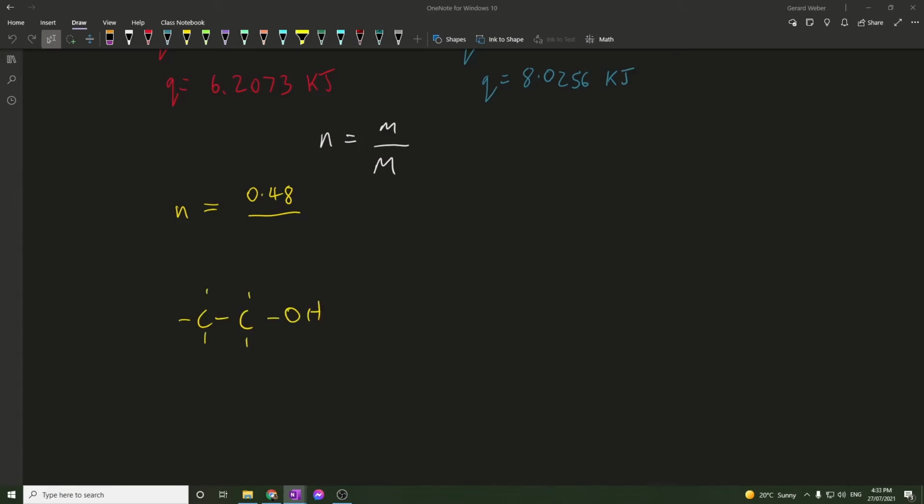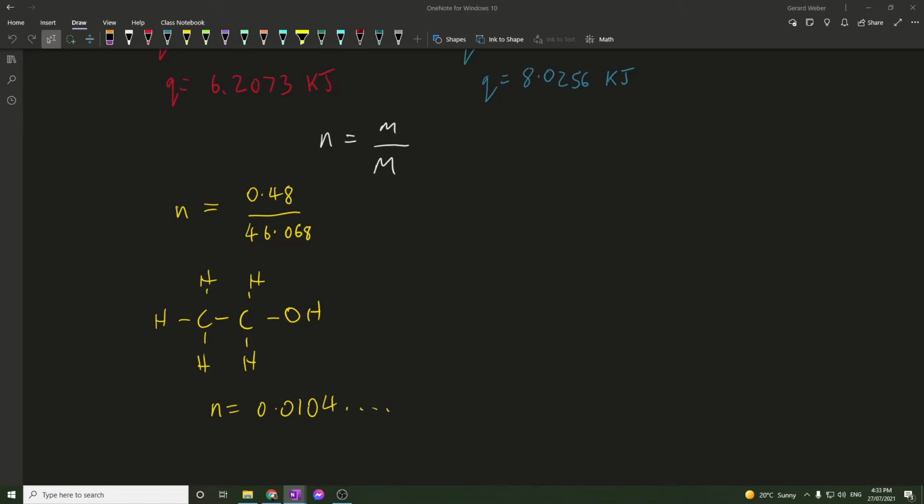We've got a couple of carbons, hydrogens, and an oxygen. We use the periodic table and work out that the molar mass is 46.068, and that means N ends up being roughly 0.0104. We won't calculate that number fully just yet.